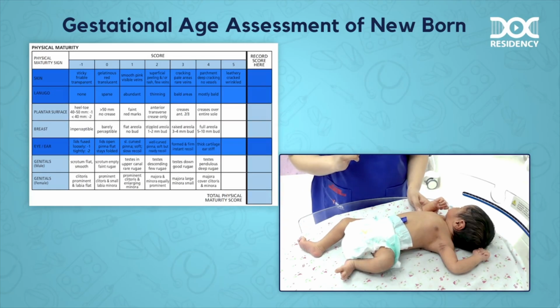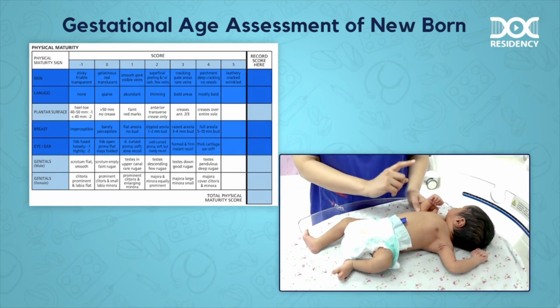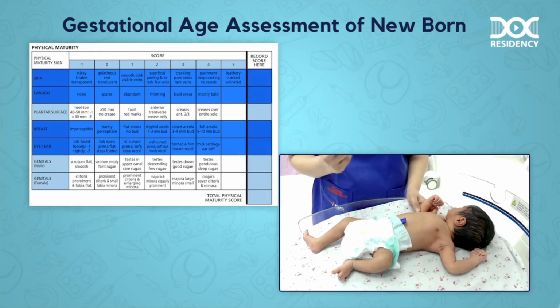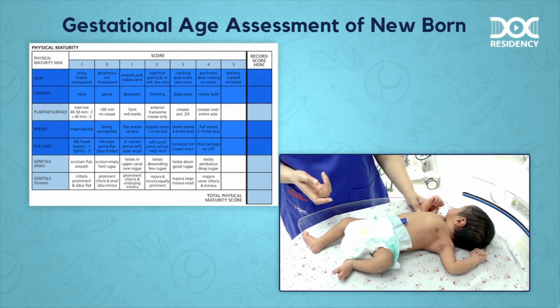Then we saw assessment of the breast nodule, wherein we look at whether the breast bud is perceptible and whether the diameter or the width increases to more than 5 millimeters in a term baby, and the presence of areolar stippling.